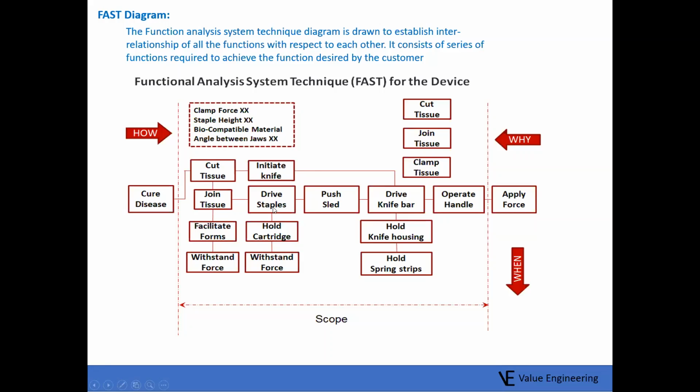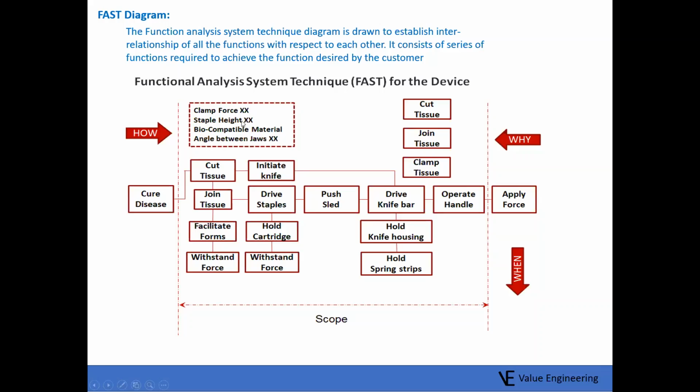How does driving the staples happen? By pushing the sledge. How does pushing the sledge happen? By driving the knife bar. And how is this knife bar driven? By operating the handle. Generally the surgeon will operate the handle, and the last thing is applying the force. So like that it will form.